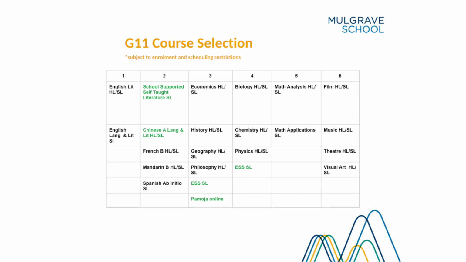For the sciences, we have biology, chemistry, physics at both the higher level and standard level. If a student is wanting to study one of those courses at the higher level, then they should have studied it in grade 10. We also have in the sciences environmental systems and societies, ESS, and you'll see that that comes into both group 3 and group 4.